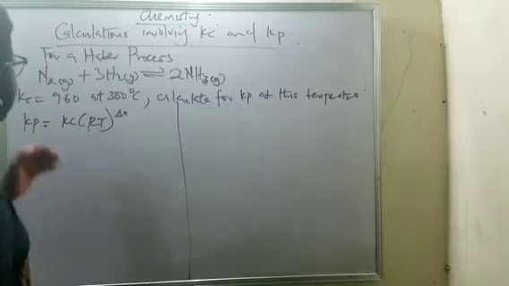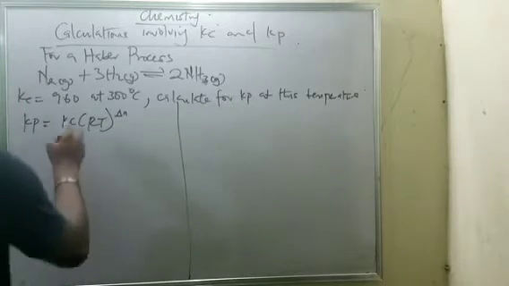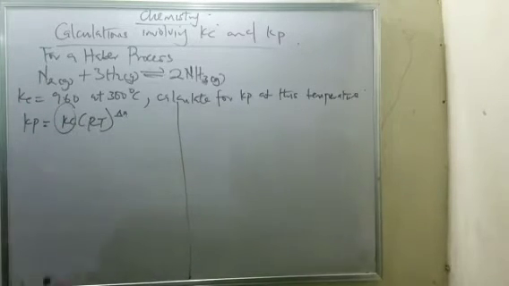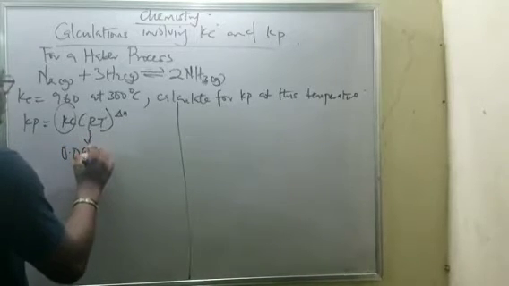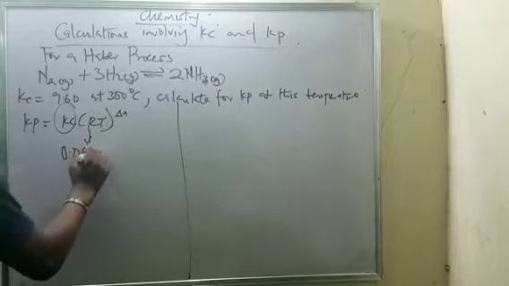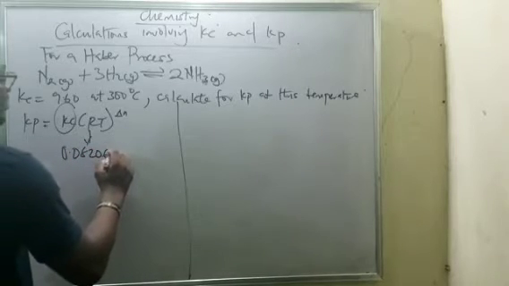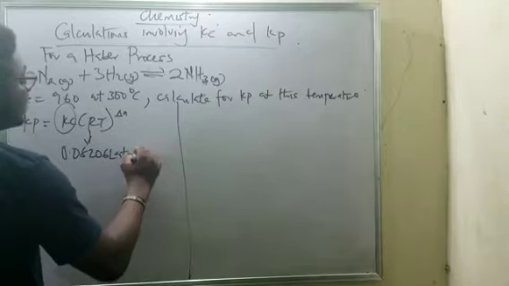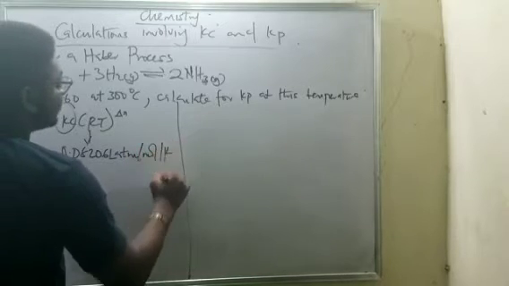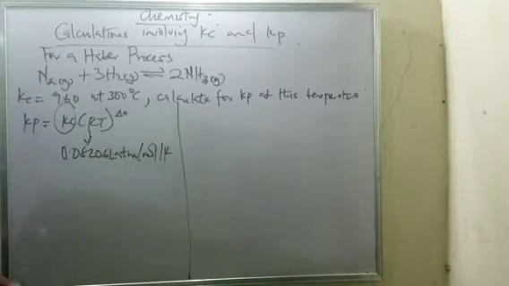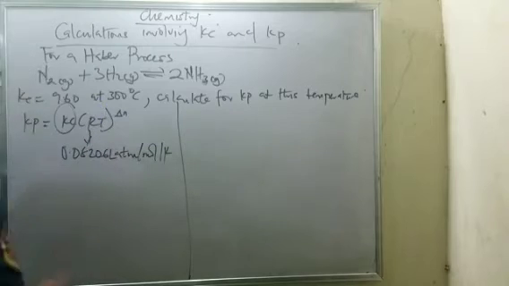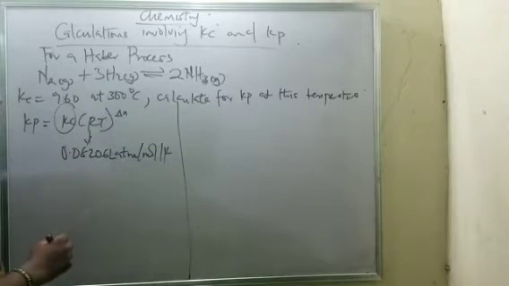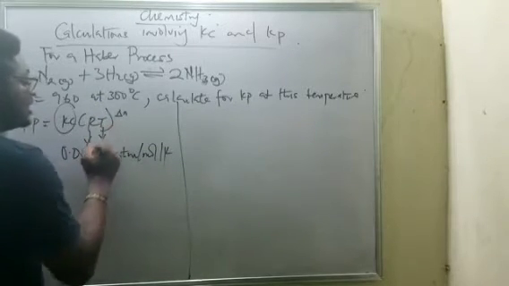So now I've been given my Kc. Our R represents our molar gas constant, which is 0.08206 liter atm per mole per Kelvin. Because we are using this value of R, our temperature needs to change.